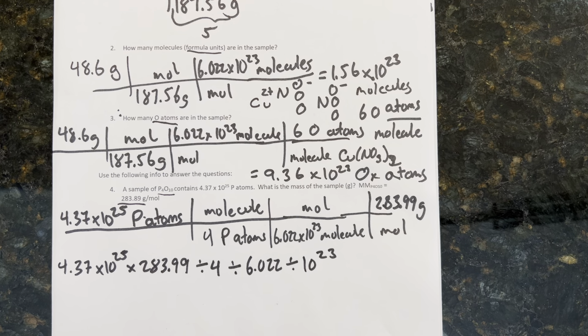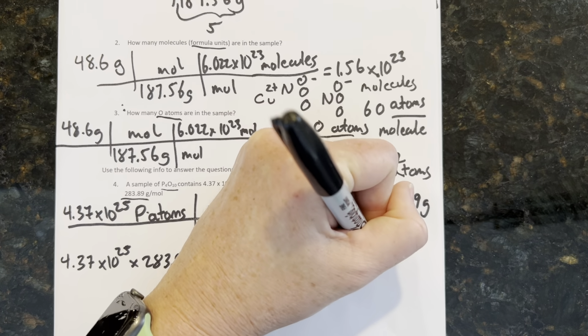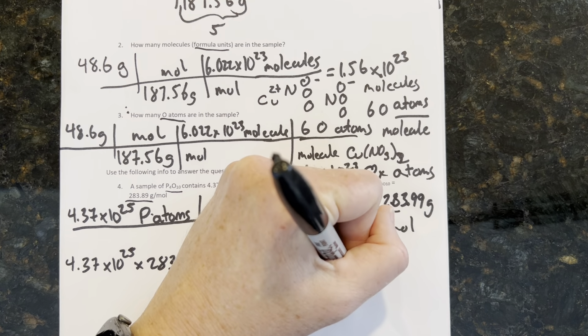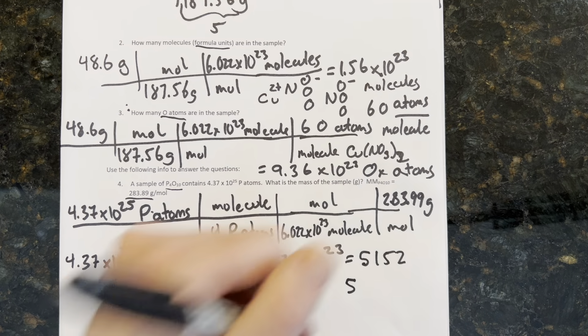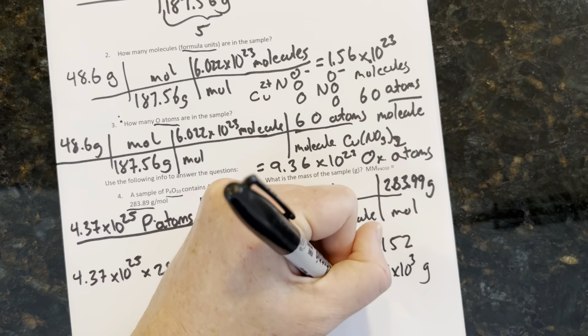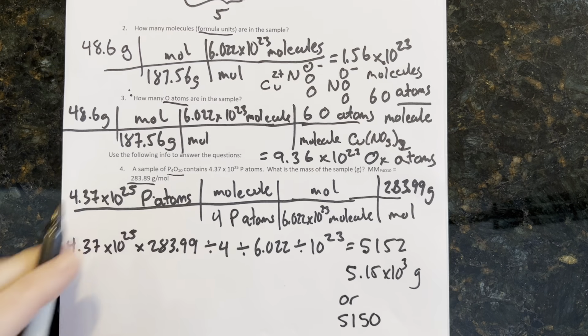So 4.37 times 283.99 divided by 4. And I get 5,152, I believe, which would be, with 3 sig figs, 5.15 times 10 to the 3rd grams, or 5,150 grams.